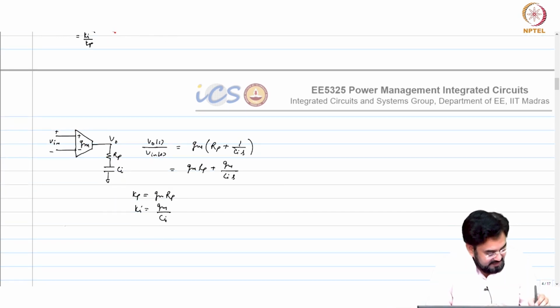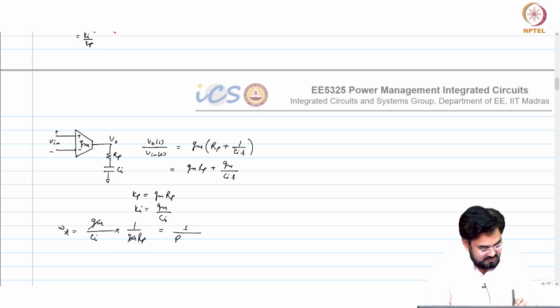And if I want to find the 0, then omega z is equal to Ki over Kp, Gm by Ci into 1 by GmRp. Gm cancels out, so you get 1 over RpCi, which means Gm will have no effect on the 0. The 0 will remain the same.